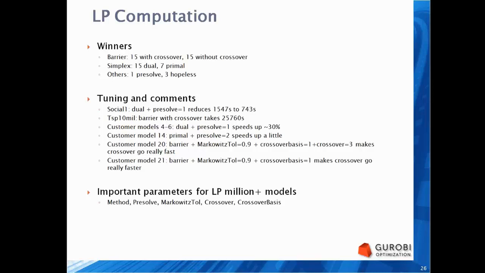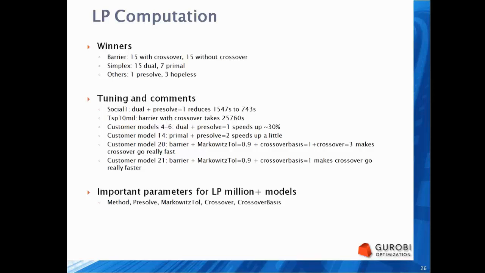Based on the computation, you can see the important parameters for very large LP models: the method, whether using simplex or barrier, and presolve. If you have numerical issues, especially for crossover or barrier, you may want to tighten the Markowitz tolerance and try the crossover basis parameters.